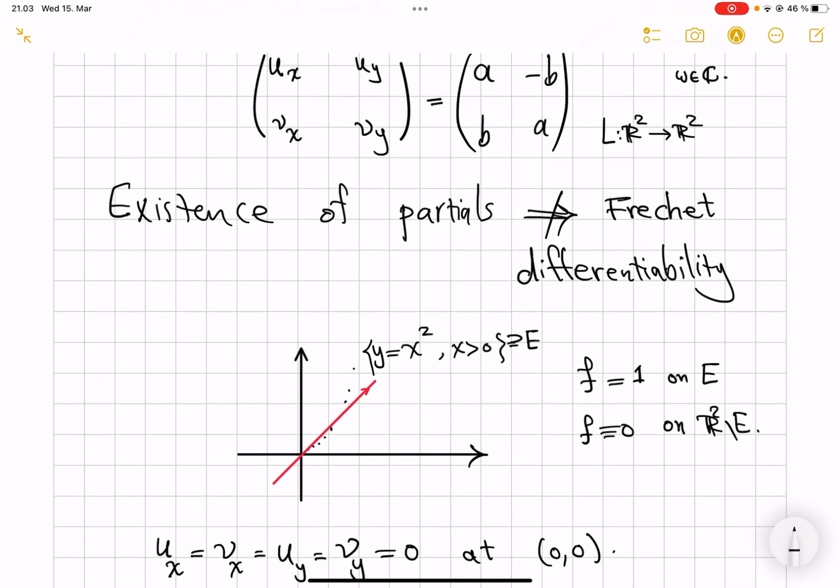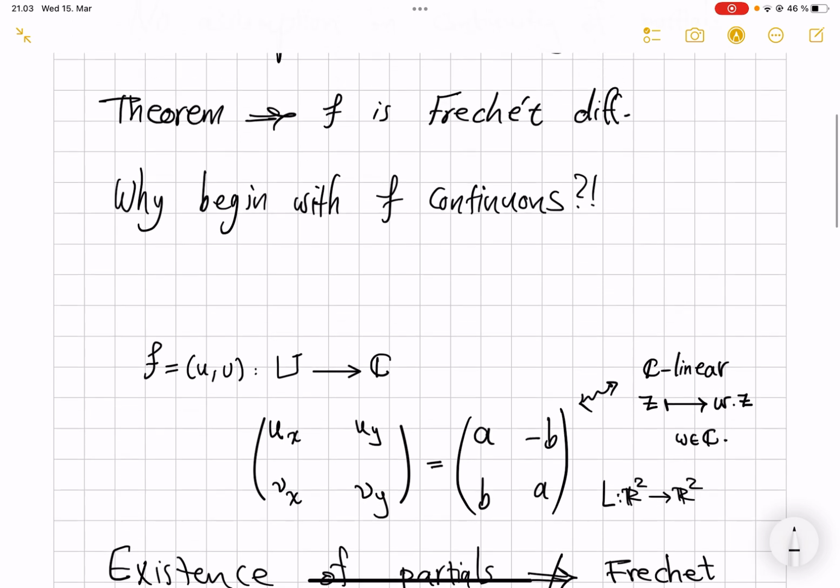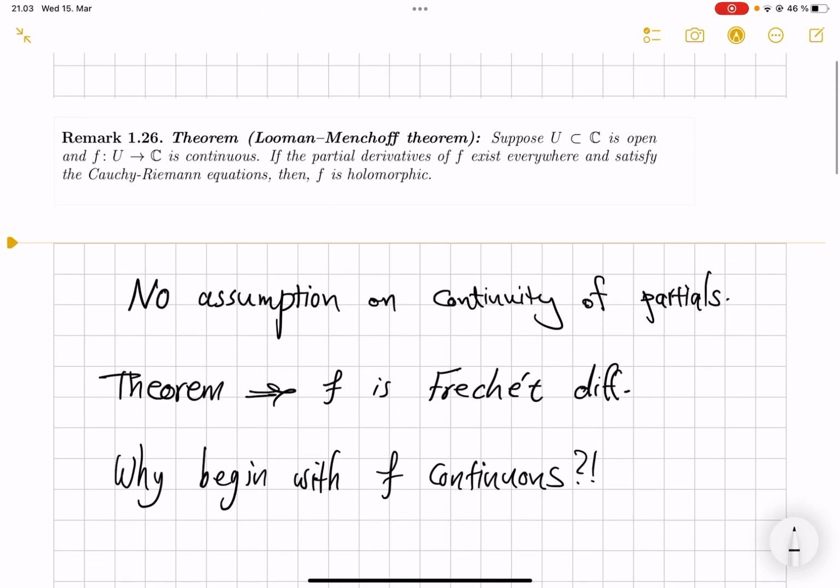A function where not only partials but all directional derivatives exist, and the function is still not continuous. And then there is a different example on the Wikipedia page, where an even nicer function is built where existence of partials does not necessarily imply continuity of the function.